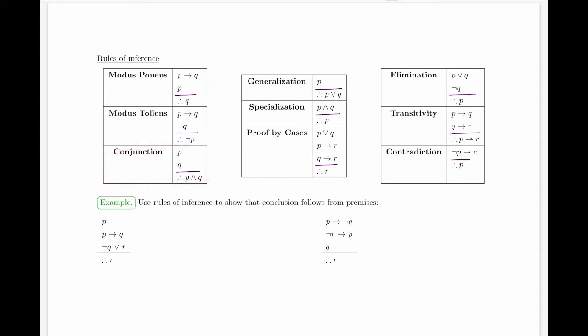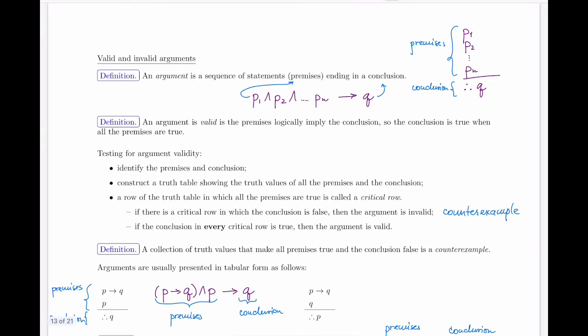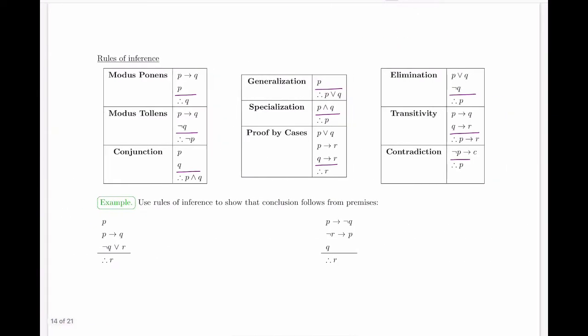Conjunction simply allows you to glue things together. P, Q as premises results in P and Q as a conclusion. Now remember from the previous page, the way to glue the premises together is to actually have "and" joining them. So this is essentially what the conjunction is allowing you to do. Generalization allows you to attach a previously non-existent premise to any premise via the operation of disjunction.